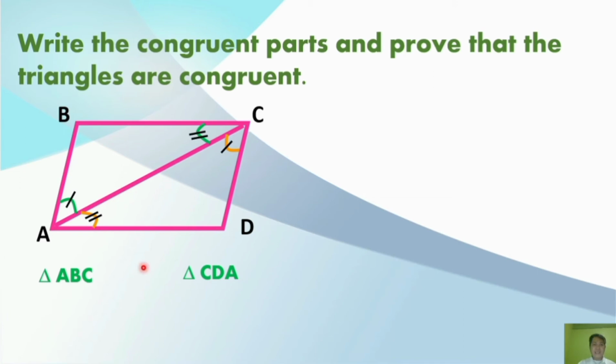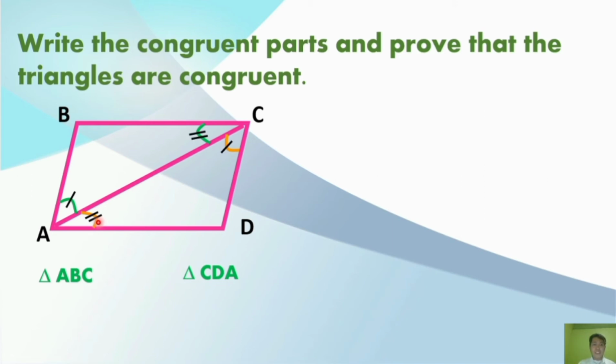Now the question is, how many pairs of corresponding parts are marked congruent? Yes, you are correct. There are only two pairs of corresponding parts that have tick marks, meaning these angles here and this pair of angles here. So there are two pairs of corresponding angles that are marked congruent.